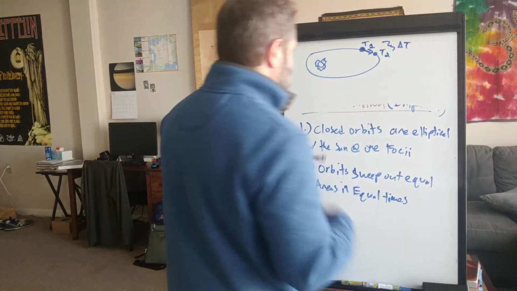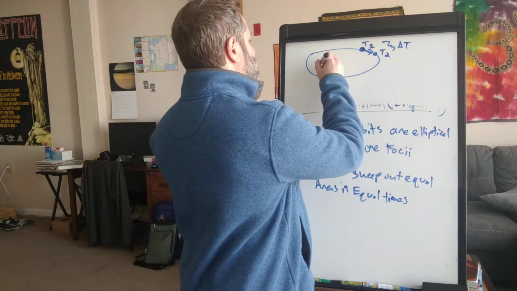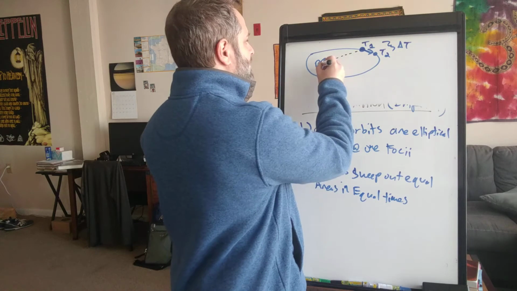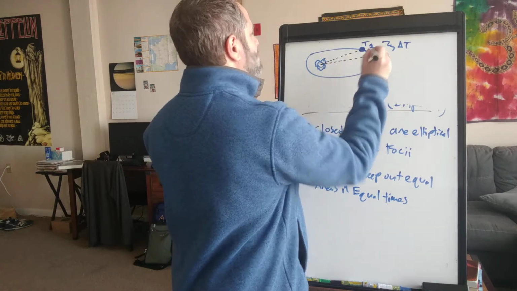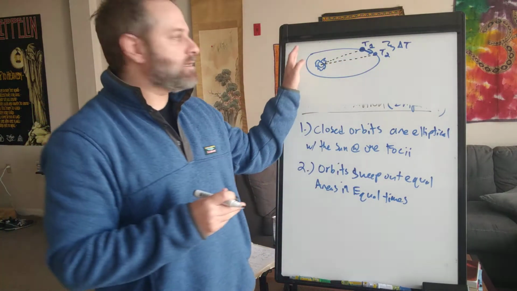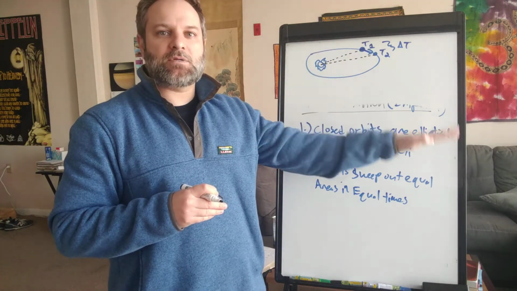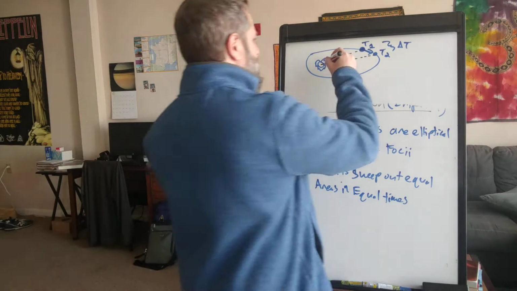Now we imagine that attached between the sun and that planet, there's a line. And as the planet moves around on this orbit, this imaginary line sweeps out an area.